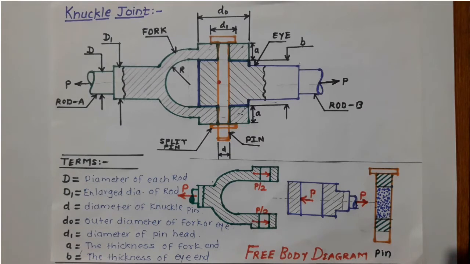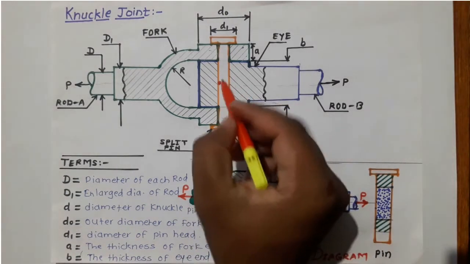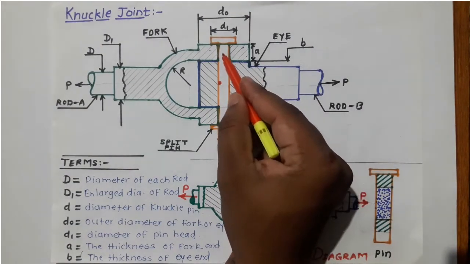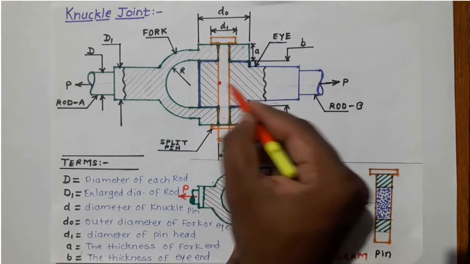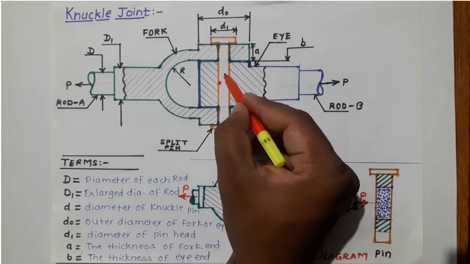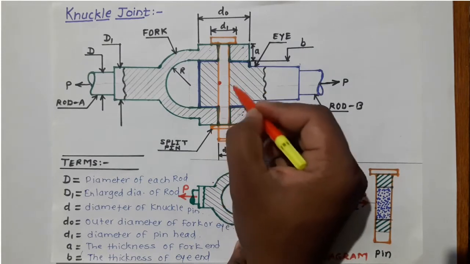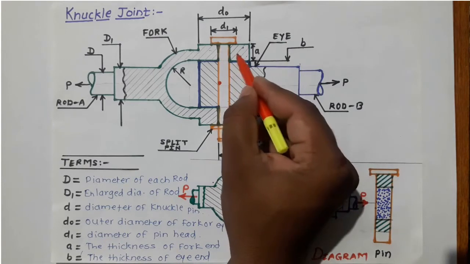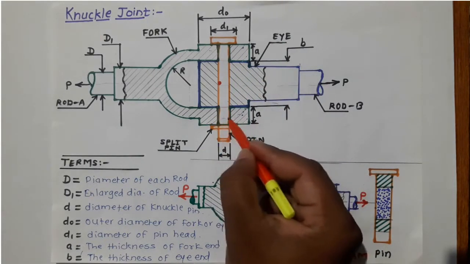Now let us discuss the free body diagram for the pin. If you look at this diagram, this pin is inserted in the common hole of these two fork ends and one eye end. So some portion of the pin, the middle portion, is present in the eye, and this top portion of the pin is present in the top end of the fork, and this bottom portion of the pin is present in the bottom end of the fork.